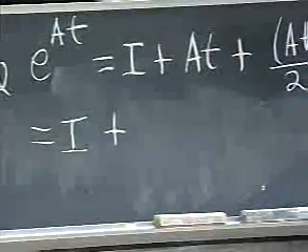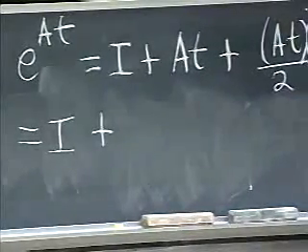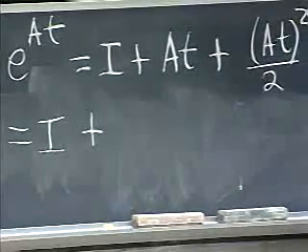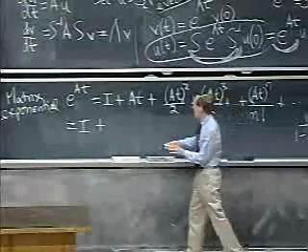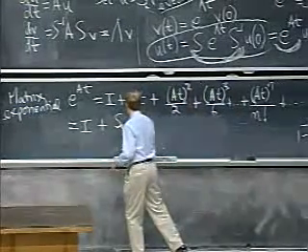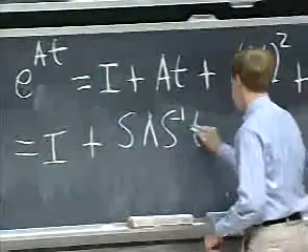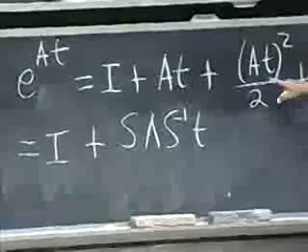Now, how am I going to get A replaced by S's and lambdas? Well, I use the fundamental formula of this whole chapter. A is S lambda S inverse and then times T. That's AT.